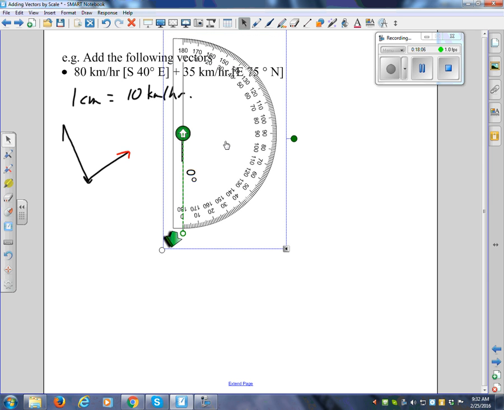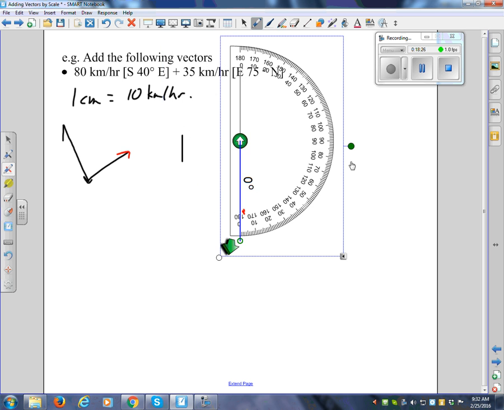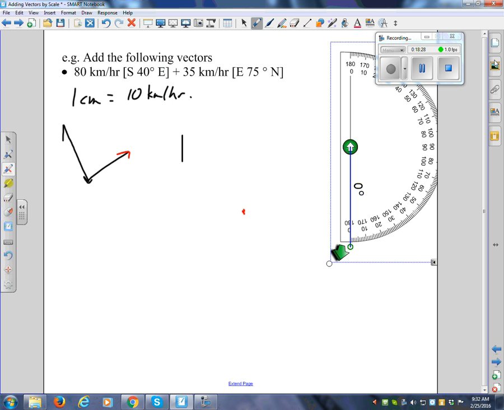Go to the tip of that line. Okay, and I'm going 40 degrees east. So 10, 20, 30, 40 degrees to the east. I'm using the technology available. 40 degrees. And now I need a ruler.